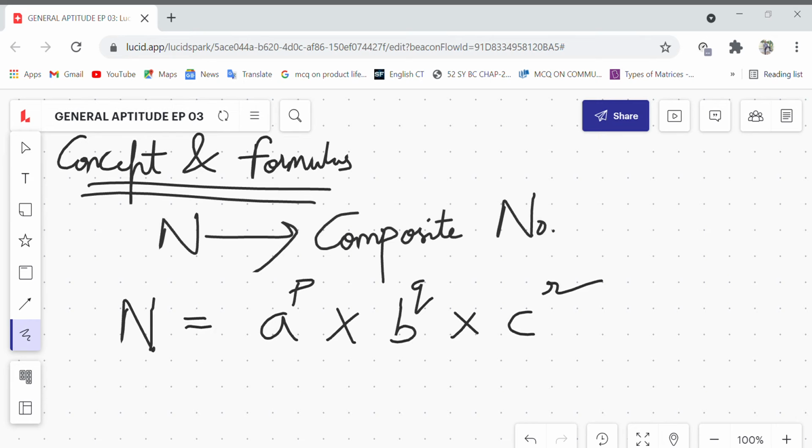So I told that n is a composite number and n equal to a to the power p into b to the power q into c to the power r.